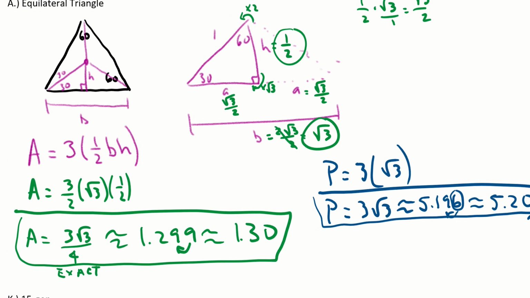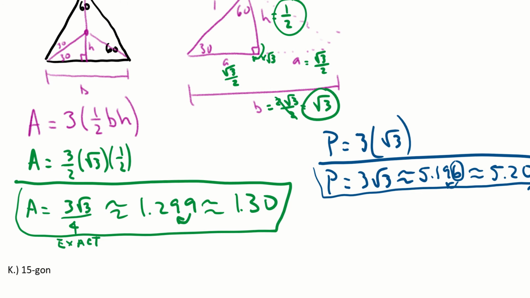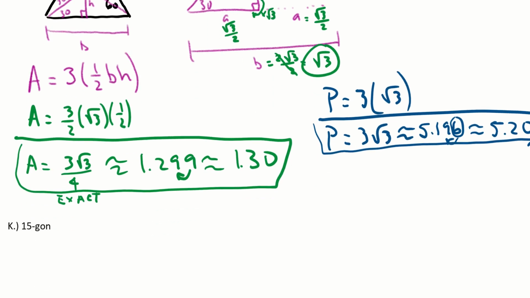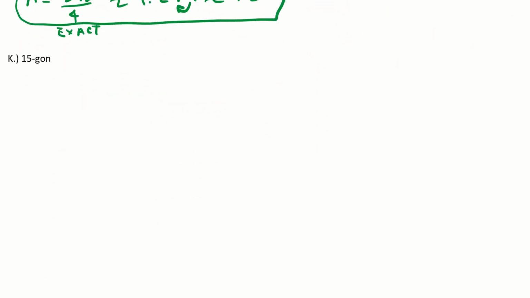All right. So that wasn't too bad, but now we want to find the area of a 15-gon. Most of you know when I do these problems, I can't draw a 15-gon, but I know that there are going to be 15 of these triangles, so this is kind of what I'm working with.